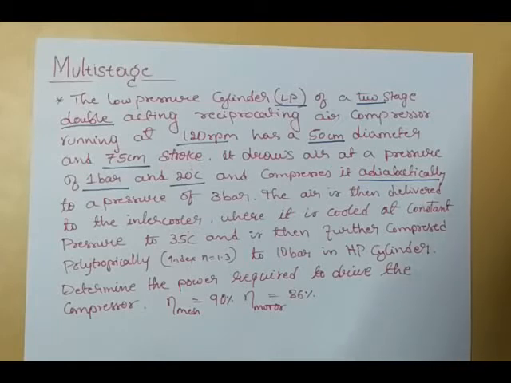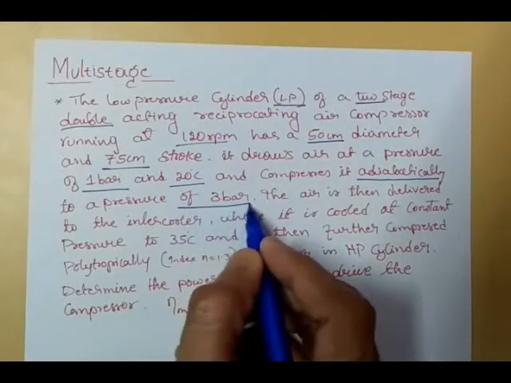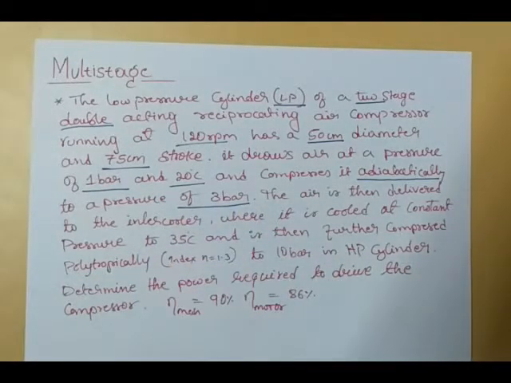These things we should keep in mind. This is the isentropic, polytropic and isothermal process, and this one is the adiabatic process. The compression is to the pressure of 3 bar. So air is compressed to 3 bar.